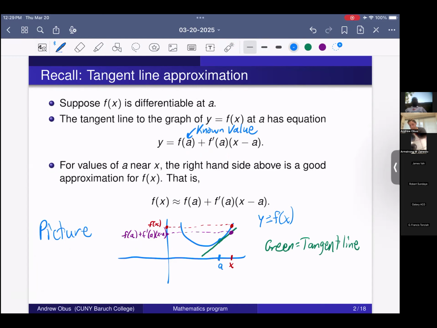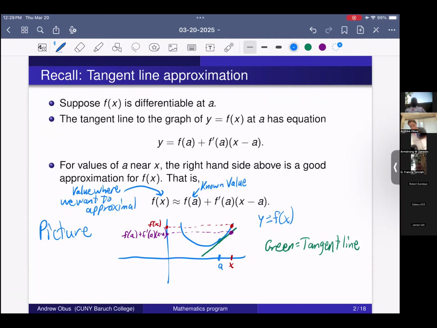And then the x value is the value where we want to approximate. In our case, the x value is 4.002. That's what we're going to want to use.